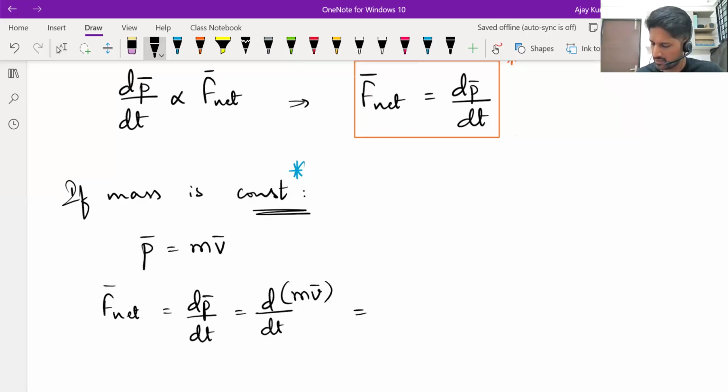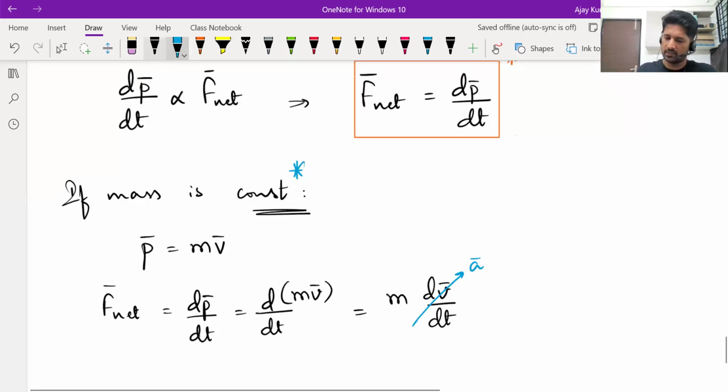And if m is constant, you can put it outside the derivative. You will be left with dv by dt. By definition, what is dv by dt? Rate of change of velocity with respect to time. What do we call it? Acceleration, sir. Acceleration.